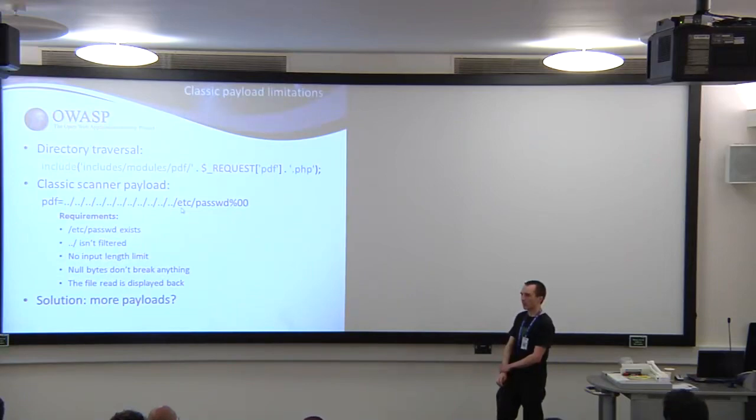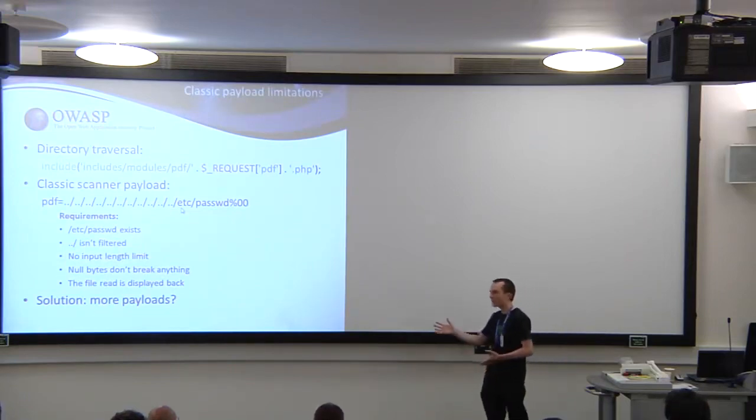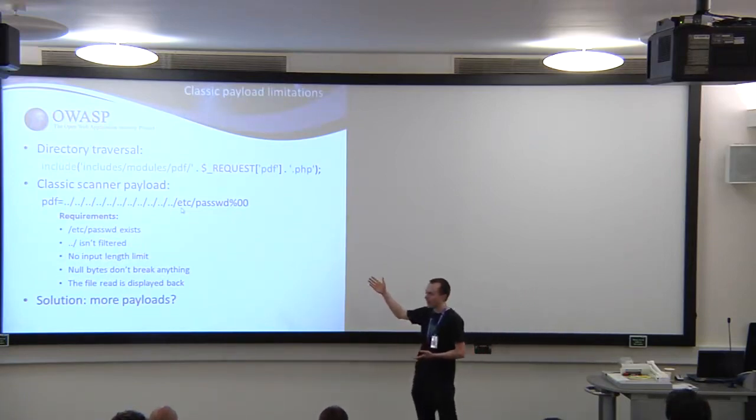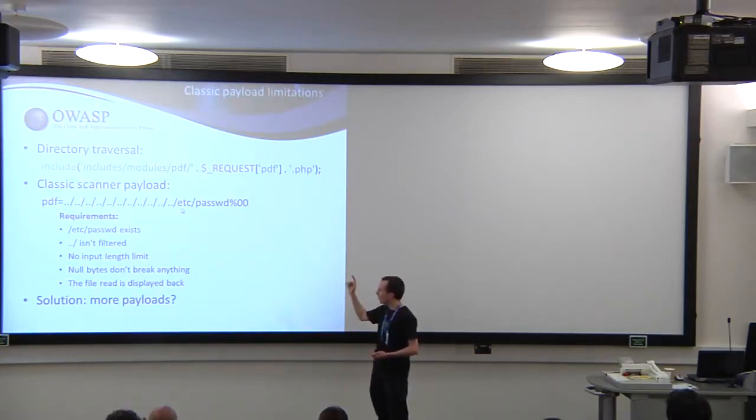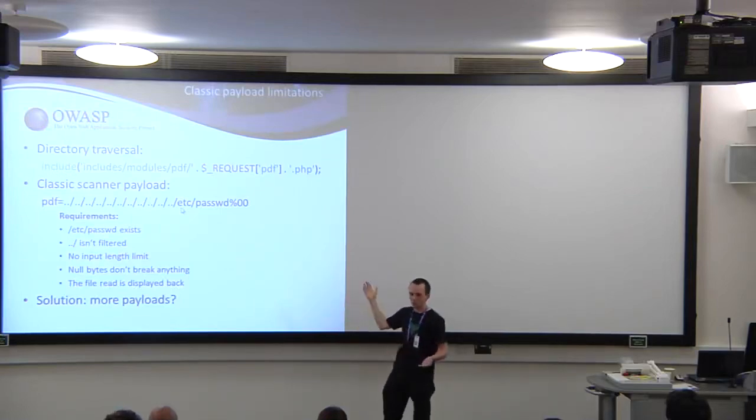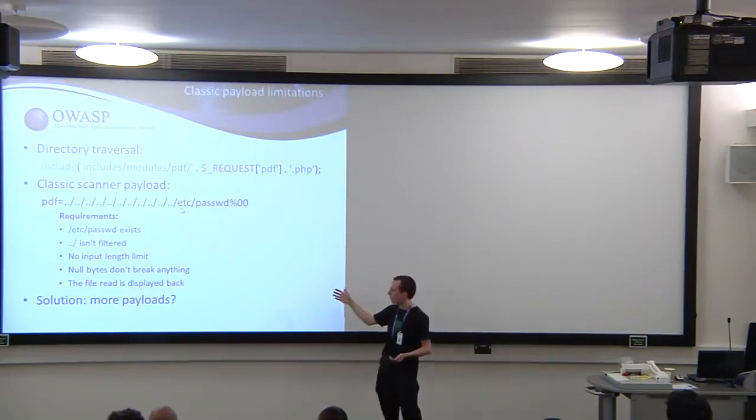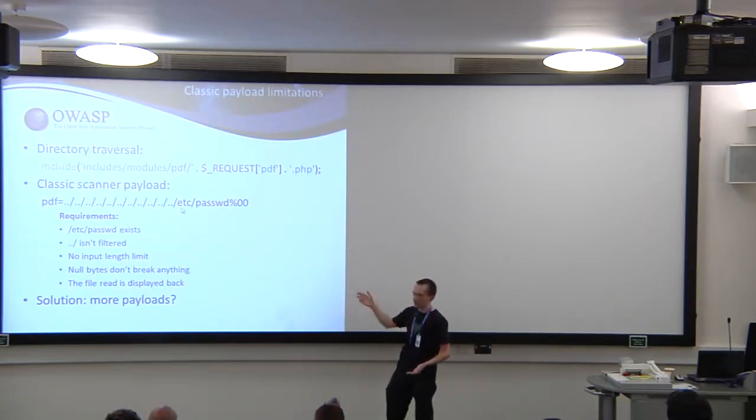Nulls don't work. Yeah, exactly. This payload has many, many problems. If null bytes don't terminate, as in modern PHP, then this technique won't work. If the file isn't displayed back, it won't work. If there's an input length limit, it won't work. If it's Windows, it won't work.